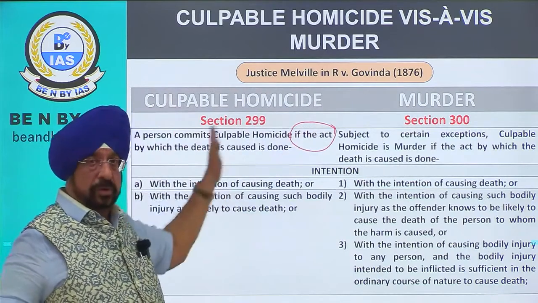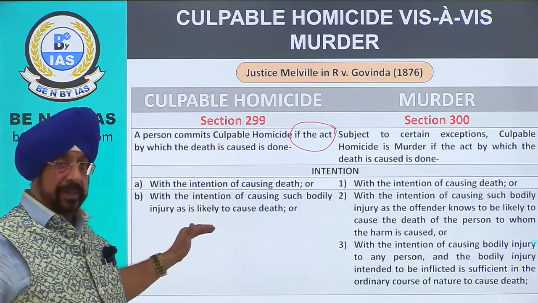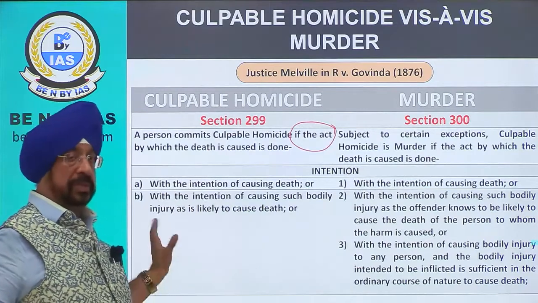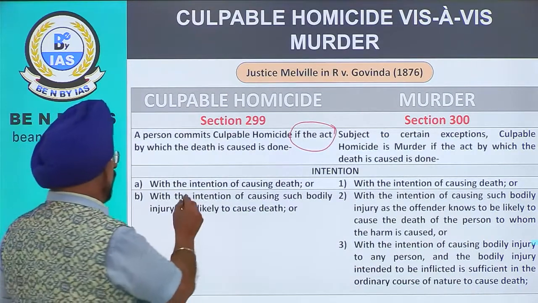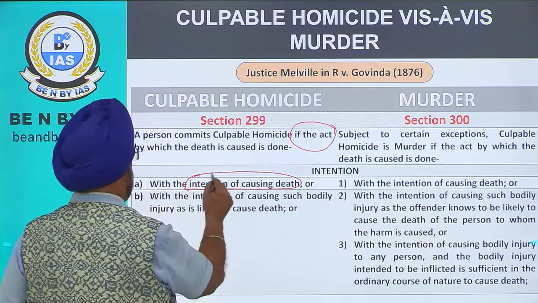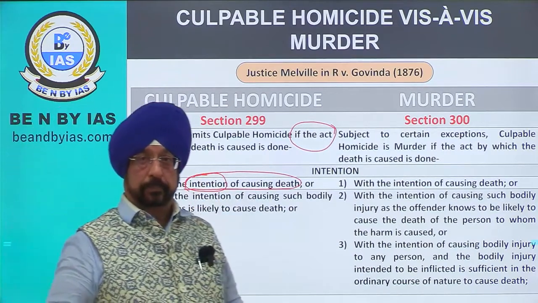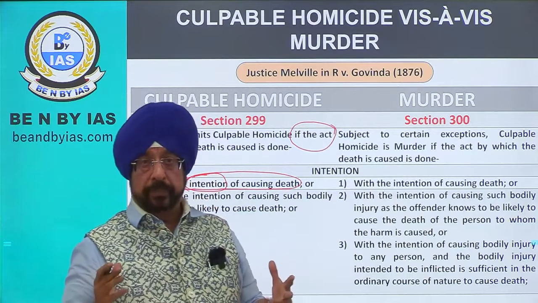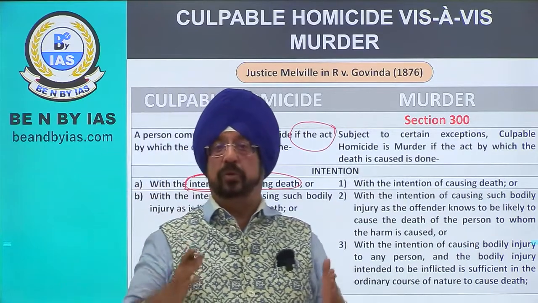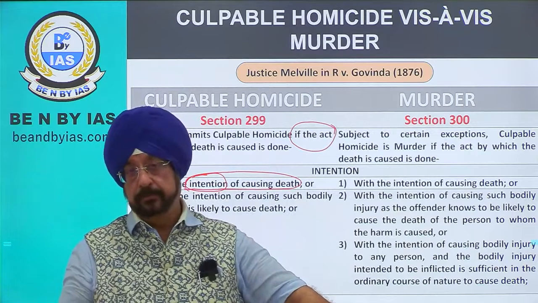So this act is causing the death under different conditions. Let's see first culpable homicide. With the intention of causing death. Intention, I said, is the strongest form of mens rea, guilty mind, a clear-cut desire to have that man finished, killed.